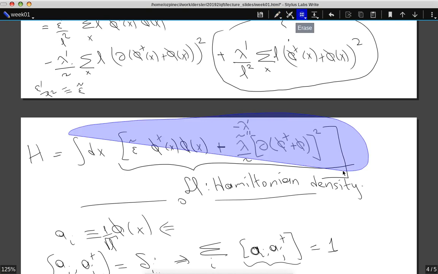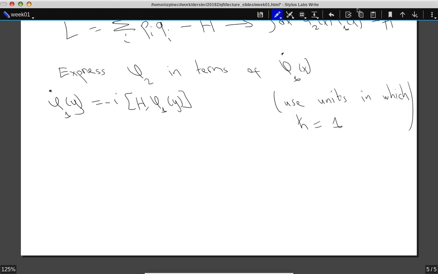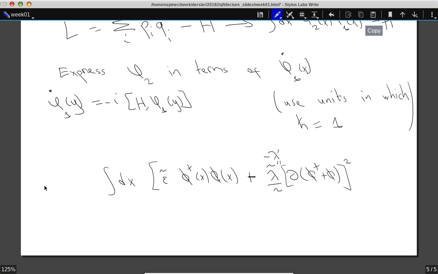This was our Hamiltonian. So phi 1 dot of y will be minus i, commutator of this with phi 1 of y.